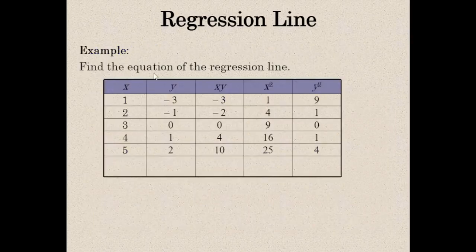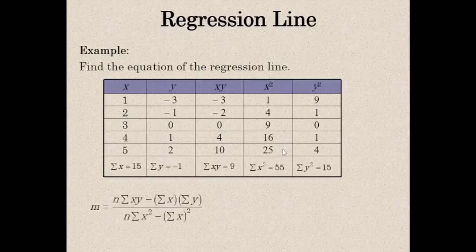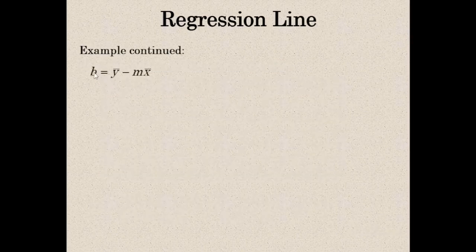So the question comes to find the equation of the regression line, and x and y data was given. Once you have to prepare the table. After preparing the table, write down the formula of slope, put the value of summations and n value and calculate the m value. Then use this m value in the equation.